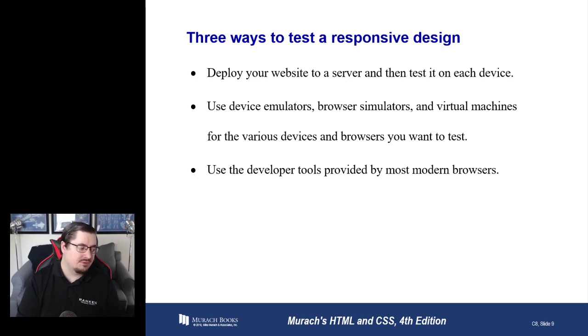So other approaches that we can take, we could potentially deploy our website to a server, put it out there actually on the internet, and then load it up on each of the devices we want to test it with.